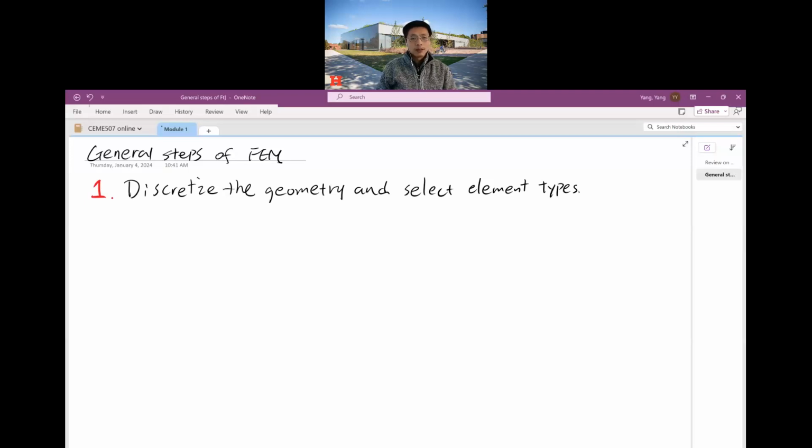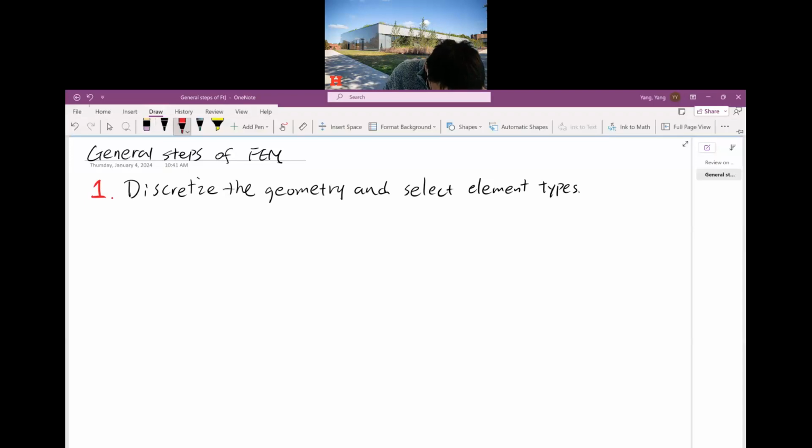So based on that, we can select the element types. Right? So either you would like to use a plate bending element, or use a solid element or 3D stress element to simulate the deflection under the load, and that's the task you need to do in the first step.